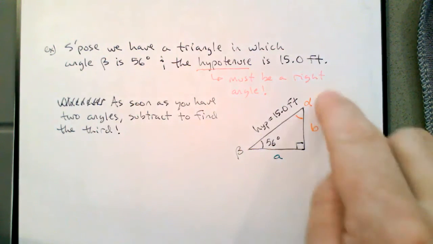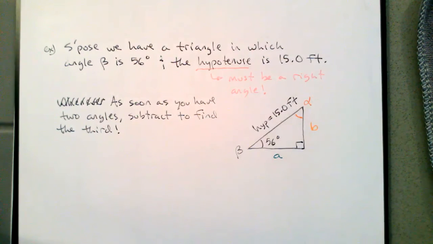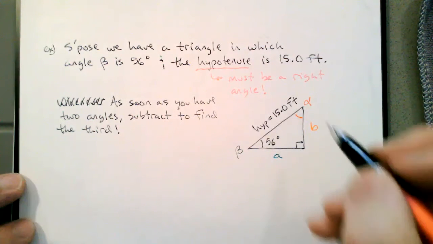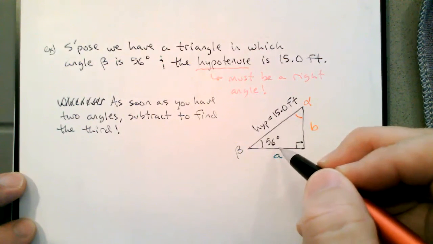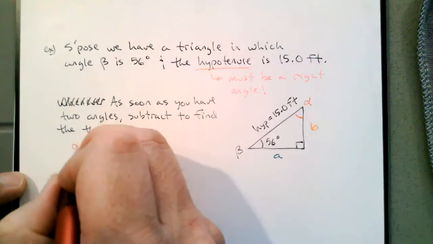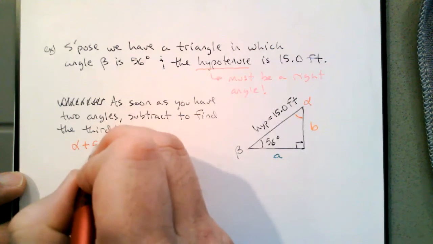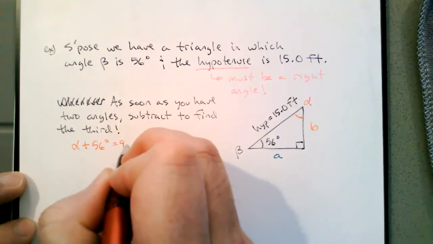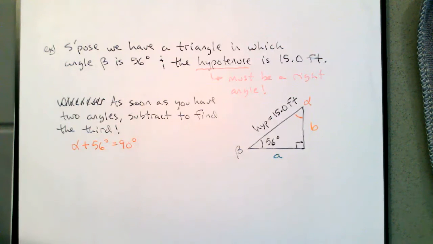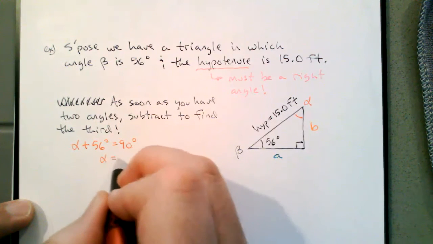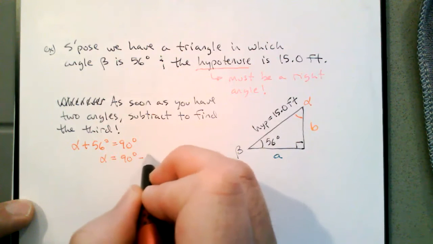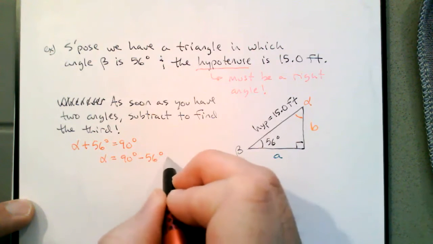So I'm going to solve for alpha in this problem first. So alpha plus 56 is equal to 90. And so that means alpha is just 90 minus 56. And that's why I say subtract to find the third.